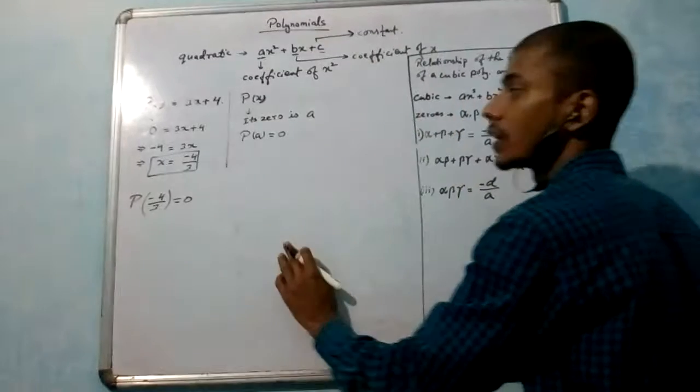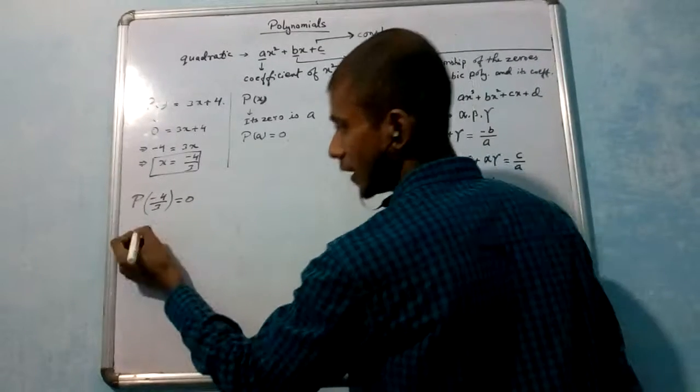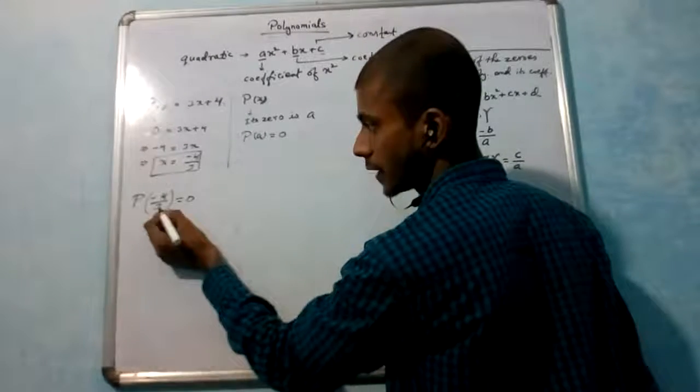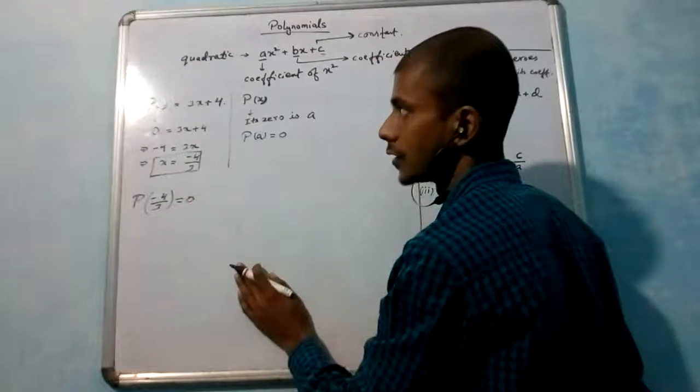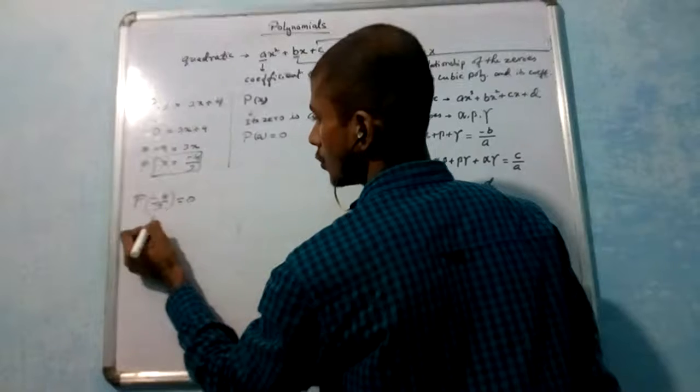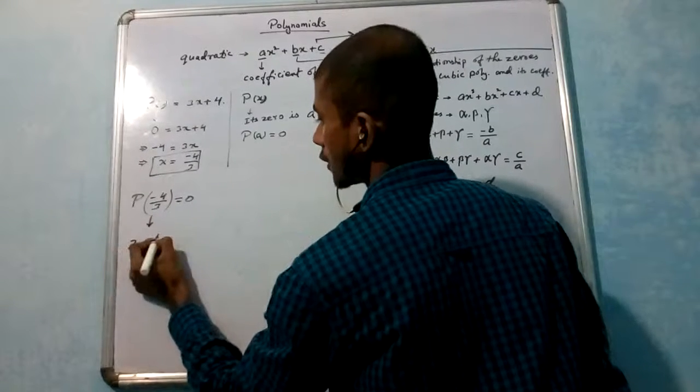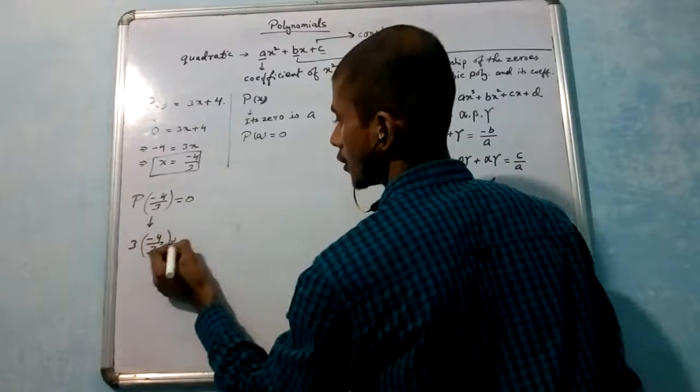It means that in p of x we have substituted minus 4 by 3 in place of x, that is 3 into minus 4 by 3 plus 4.